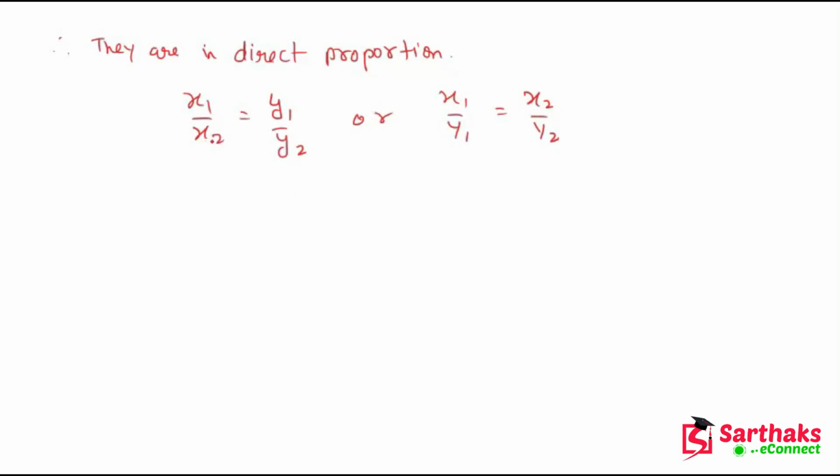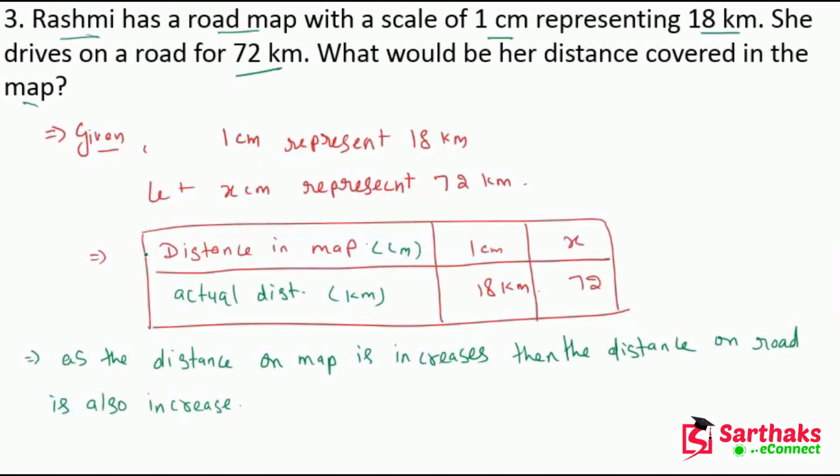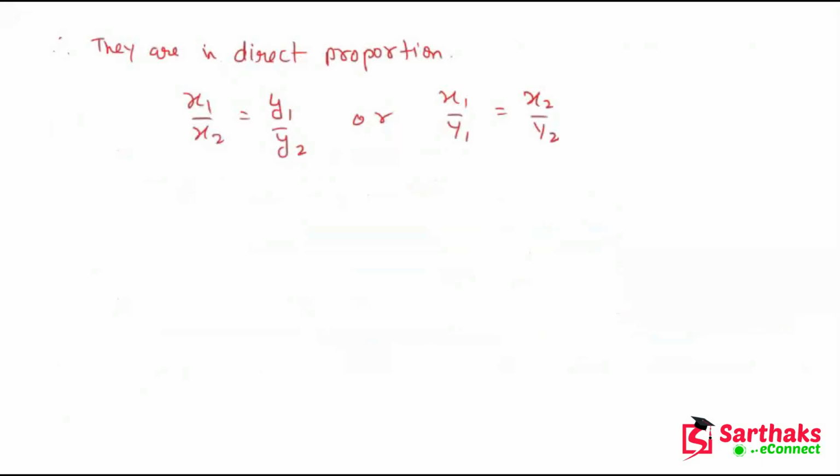Here we are shifting x2 and y1, so both are the same. Now we take this as x1, this as x2, this as y1, this as y2, and we put the values.